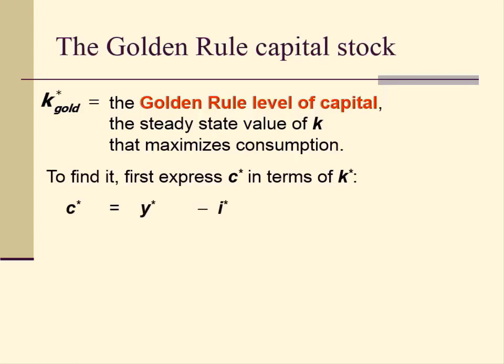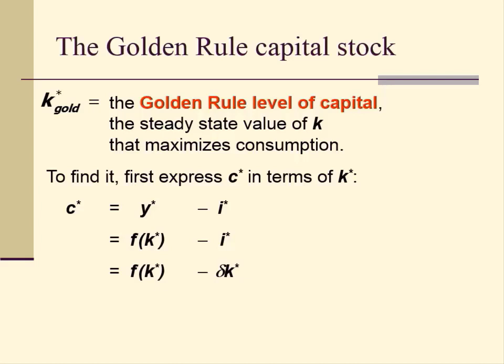So C star equals Y star minus I star, and you can substitute f of K star for Y star. So you have C star equals f of K star minus I star, and because in the steady state I star equals delta K star, since the change in capital stock per worker is 0, you can replace I star with delta K star.